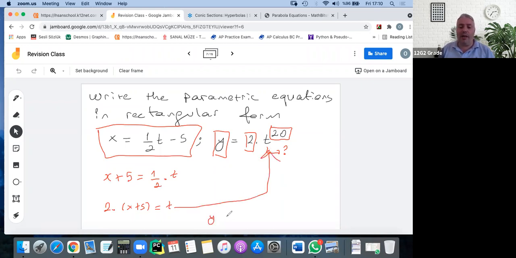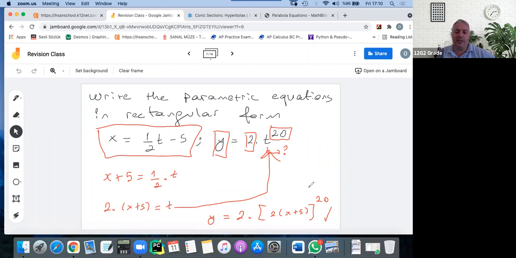So y equals 2 times t. What is t? T is right now this, to the power of 20. So this is my question, finished. You will check it. Where do you have alternatives? A, B, C, D, and just tick. Okay, is this okay?